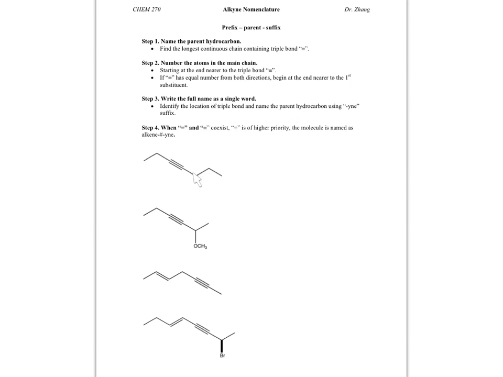So really remember that. Therefore, when you number your main chain, it'll start with carbon number 1, 2, 3, 4, 5, 6, 7. So your triple bond is on carbon number 3 and number 4, and therefore the name of this compound would be 3-heptyne.